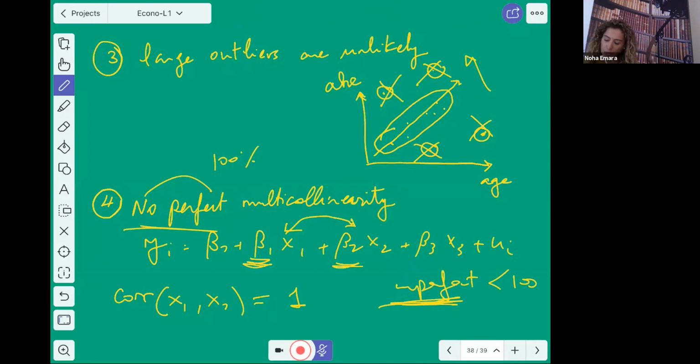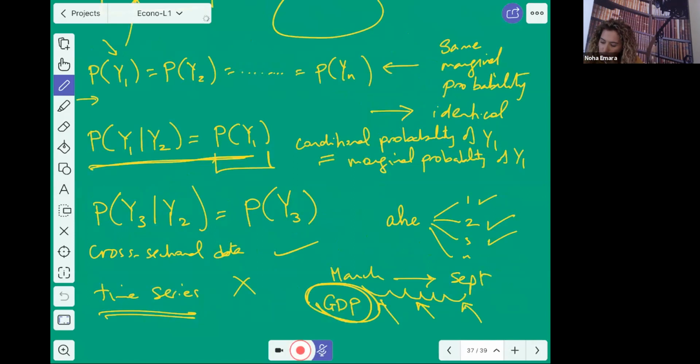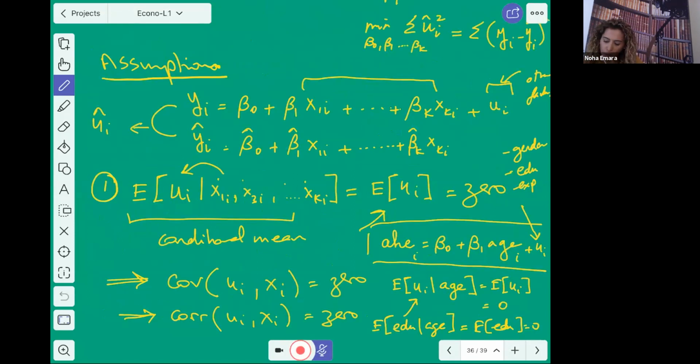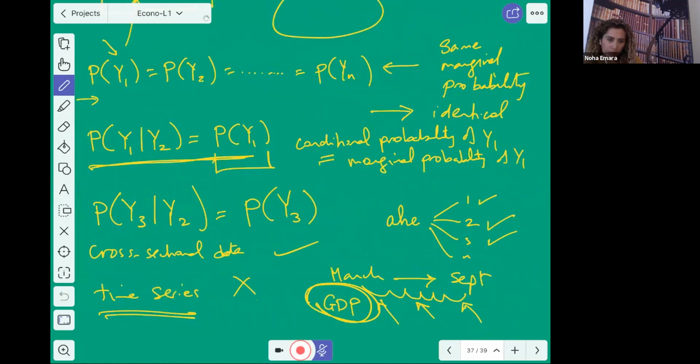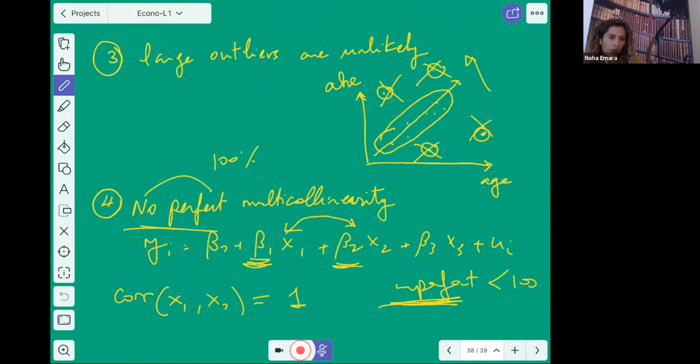So we have no perfect multicollinearity, but we are allowing for imperfect, less than 100%. If I do have these four assumptions satisfied, I have no connection between the error term and the axes in the model, I have an IID data set, I have no large outliers, and no perfect multicollinearity.